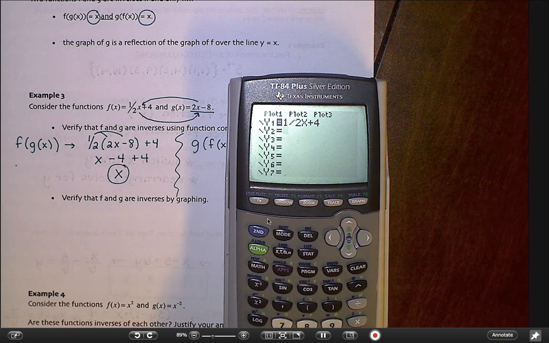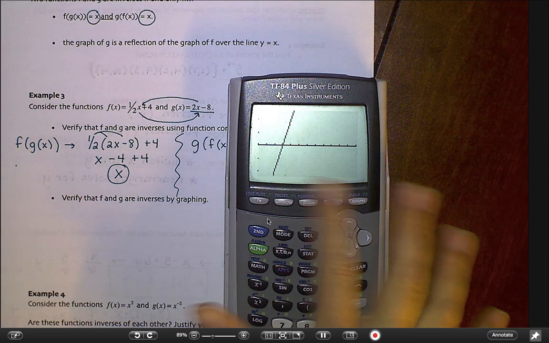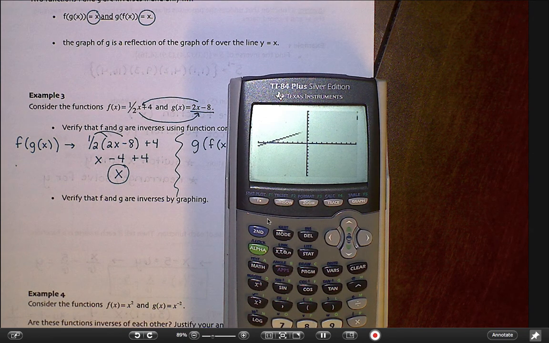And then my other function is 2x minus 8. Graph. Oh, I got to fix my window. Sorry, that's going to take just a second. Okay. Zoom number 6 is going to fix my window for me. So there's the first function, there's the second function.